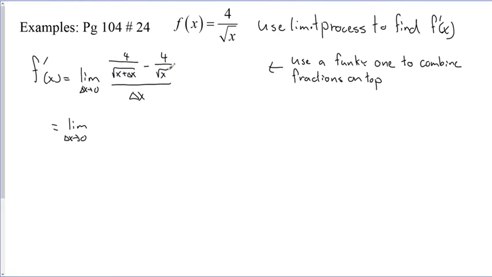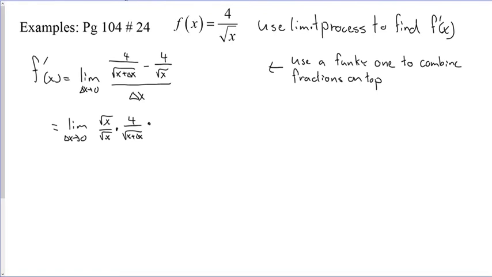I have to have a common denominator, so it's going to end up being square root of x times square root of x plus delta x. So I'm going to multiply this one by square root of x over square root of x. It's still going to be 4 over square root of x plus delta x. And then this one will still be minus.